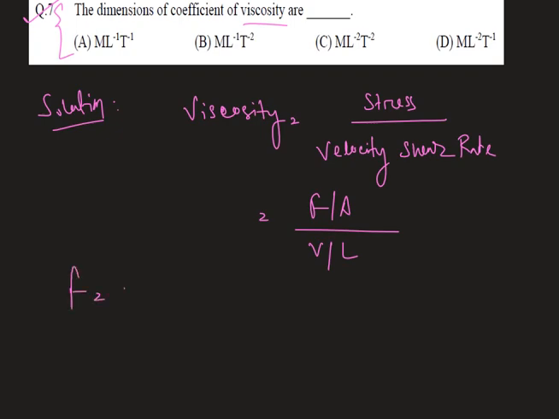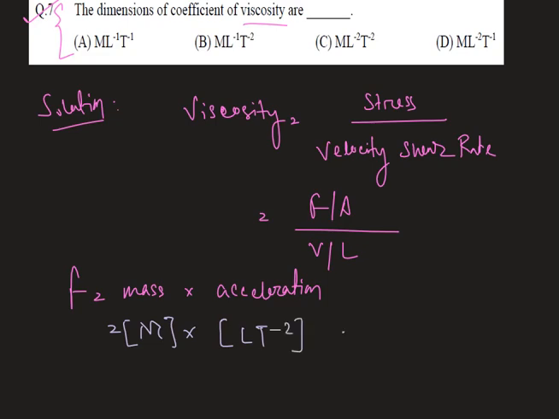Now F is equals to mass into acceleration. So we can write the dimension for mass is M, and for acceleration it is, as we know, L T to the power minus 2.